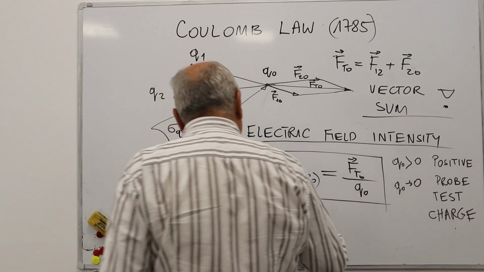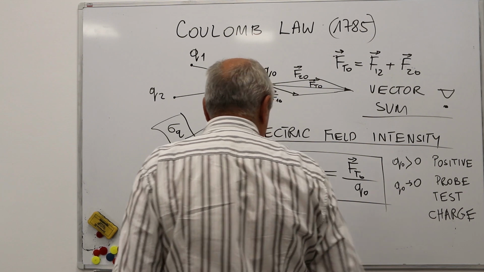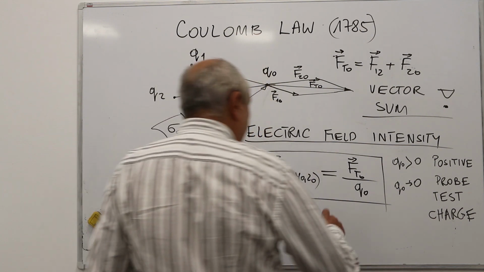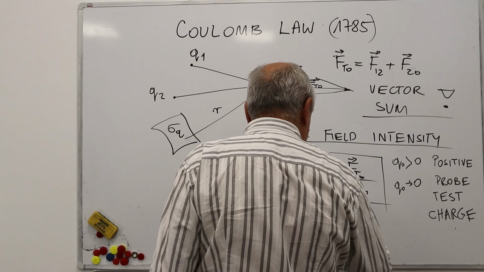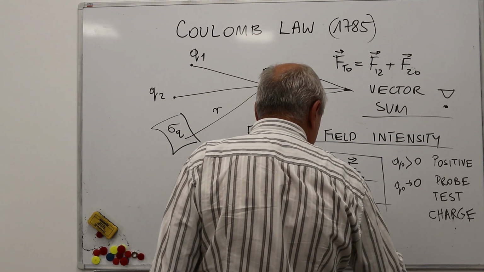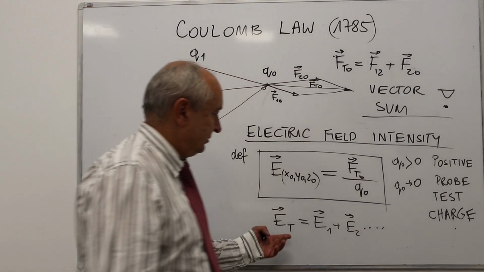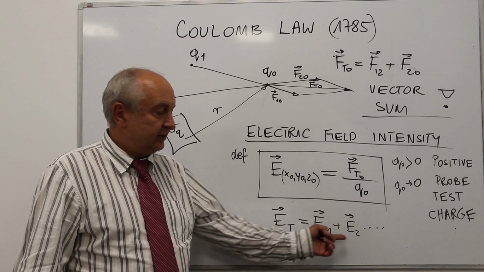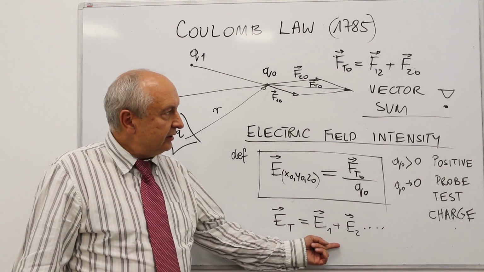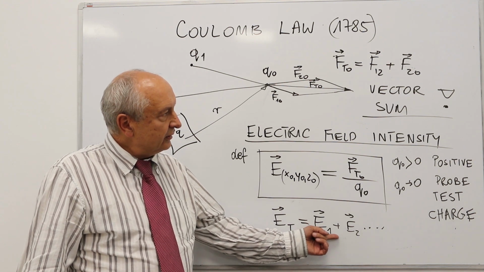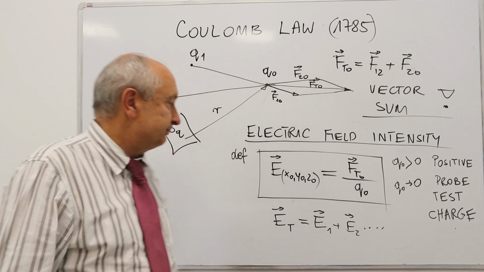So the total electric field intensity is the vector sum of all sources of the electric field. This must be a vector sum.